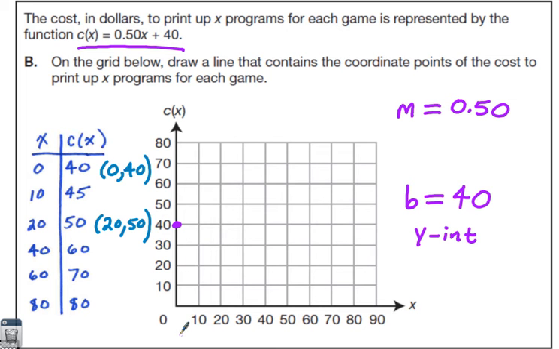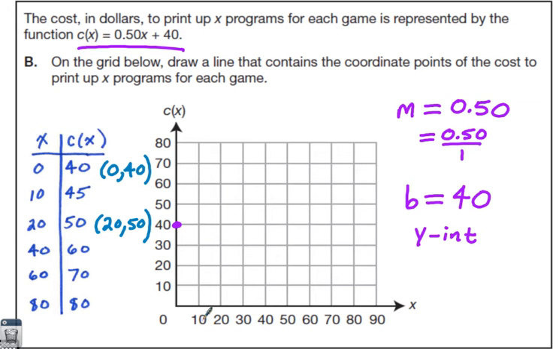But anyway, your B value is 40, and then your M is your rise over run. So you could see this as I'm going to rise 0.5 and run over 1. So it's like you'd go up 0.5 and then to the right 1 to make another point.